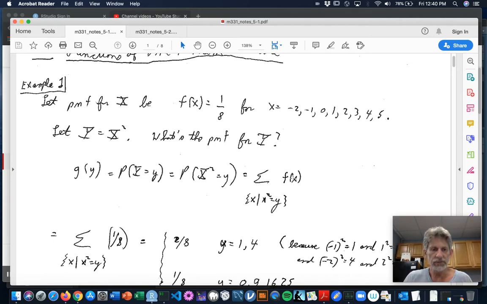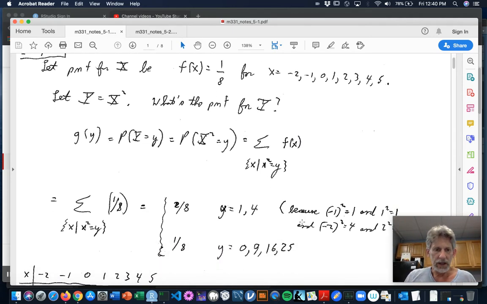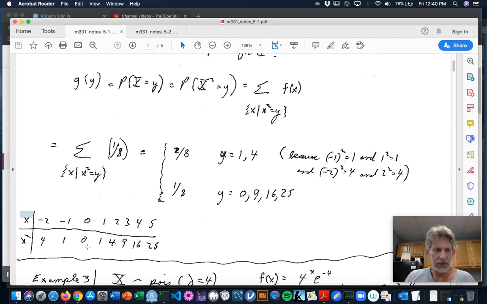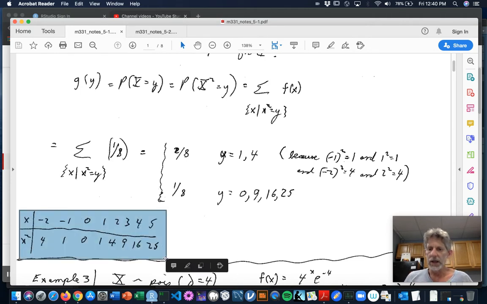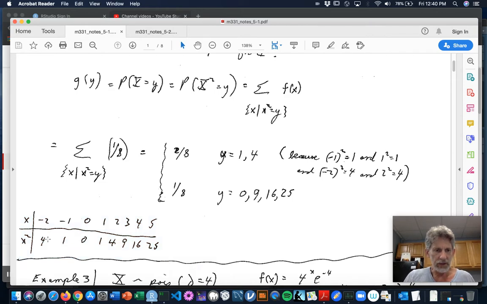Total common sense. So in this case, I'll make a little table down here of the x values and their squares. And I see that actually there's a couple of ways to get a 4, and there's a couple of ways to get a 1. You could get a 4 by squaring -2, and you could get a 4 by squaring 2. And similarly, there's a couple of ways to get your 1 for your y random variable.